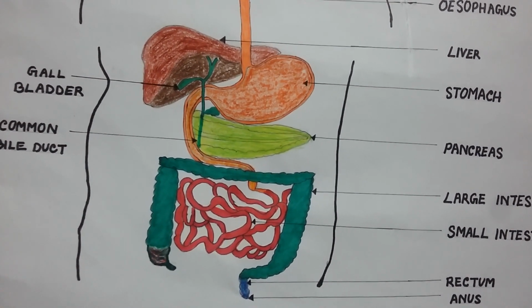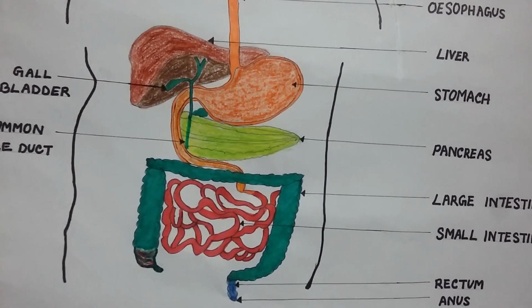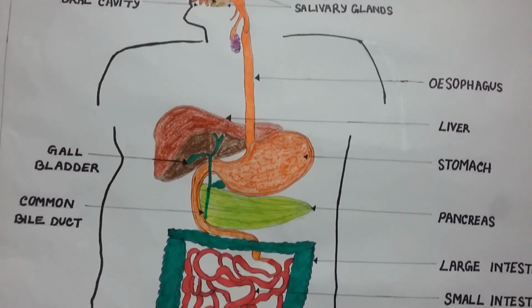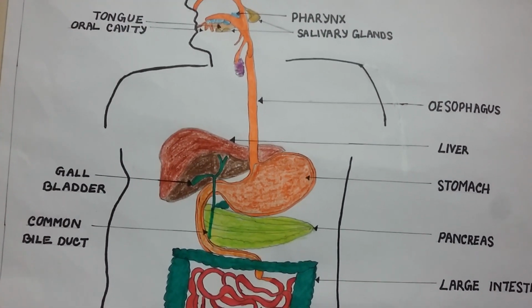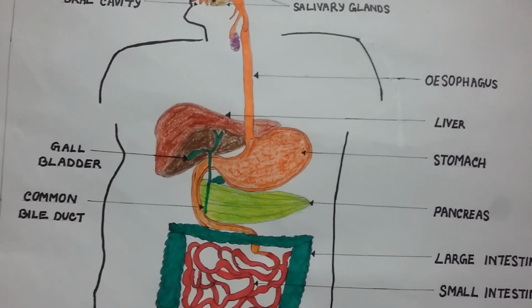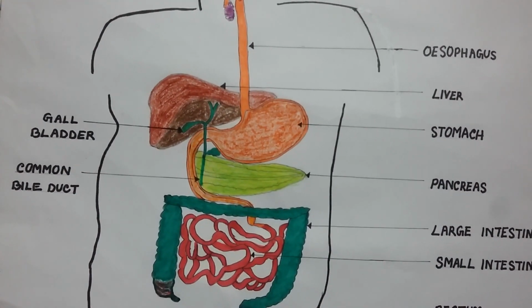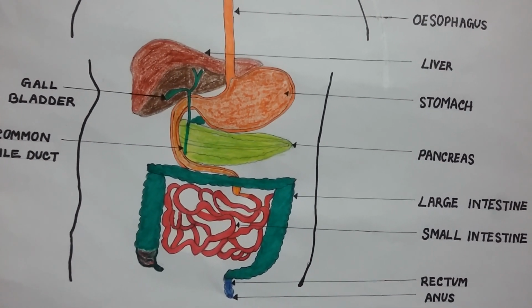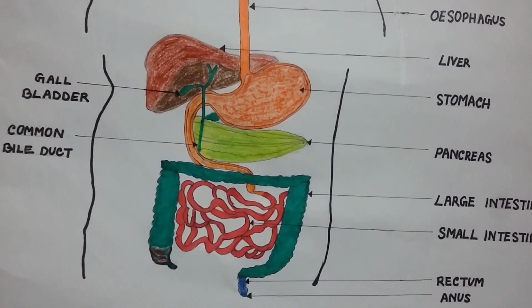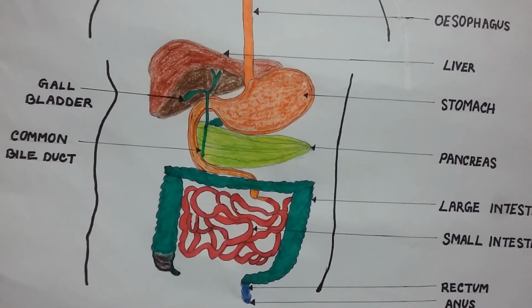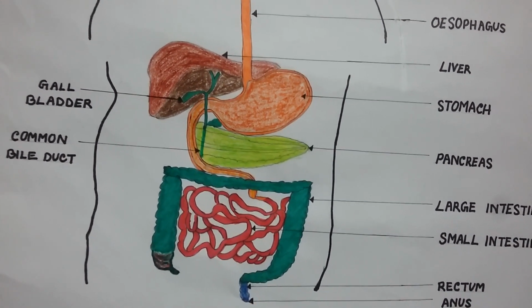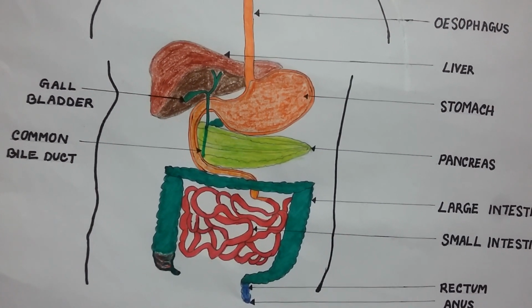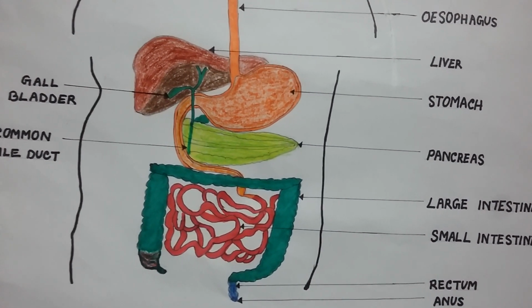The alimentary canal consists of the buccal cavity or oral cavity, esophagus or food pipe, stomach, small intestine, and large intestine ending at the rectum and anus. The inner walls of the stomach, the small intestine and various glands such as the salivary glands, liver and the pancreas secrete digestive juices.